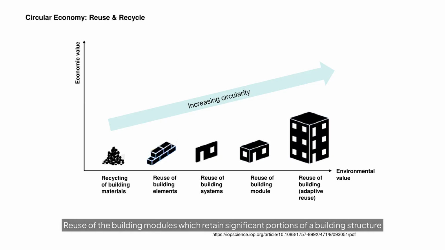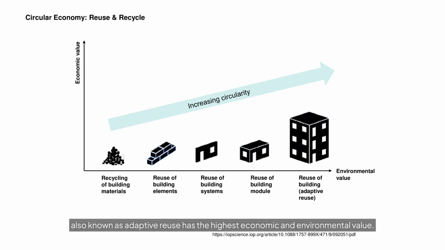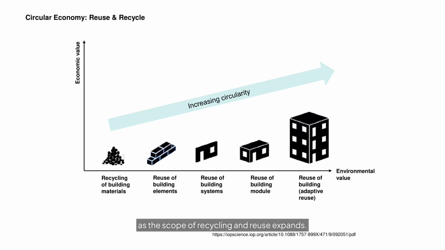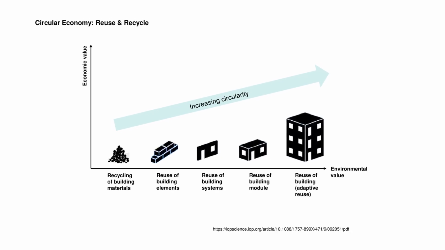Reuse of the building modules, which retain significant portions of a building structure, further enhances economic and environmental benefits. On the far right, the reuse of an entire building, also known as adaptive reuse, has the highest economic and environmental value. This is because both economic and environmental values improve significantly as the scope of recycling and reuse expands. This emphasizes the importance of adopting broader circularity in the built environment.